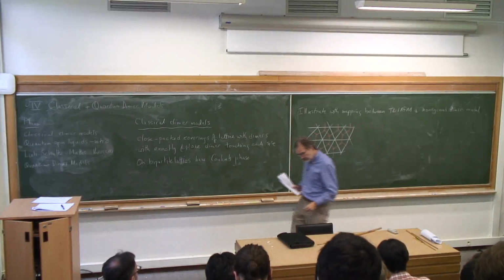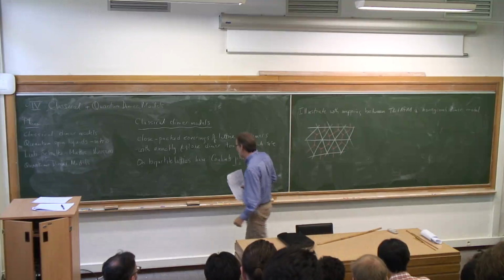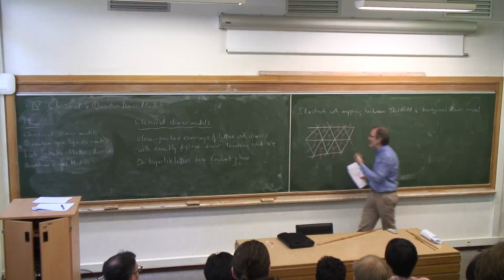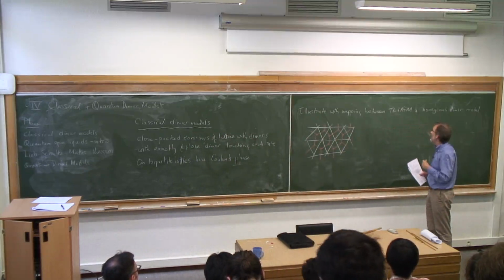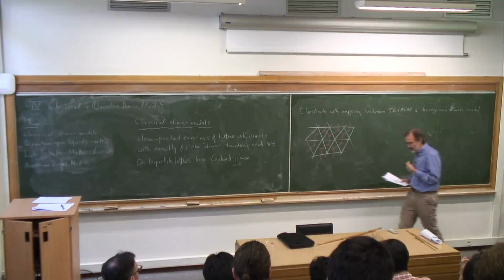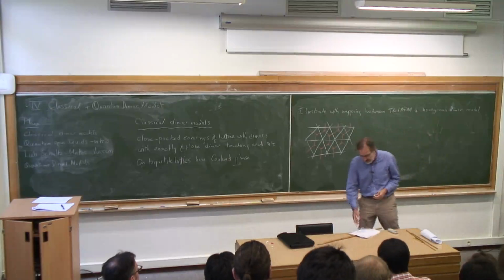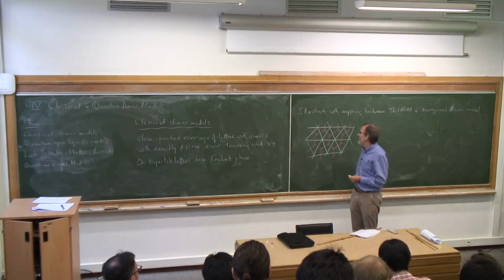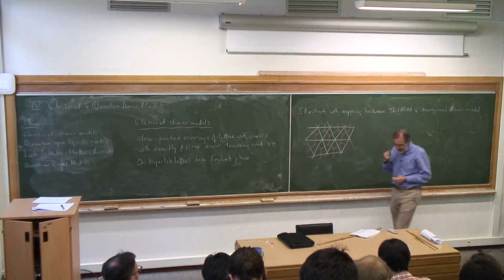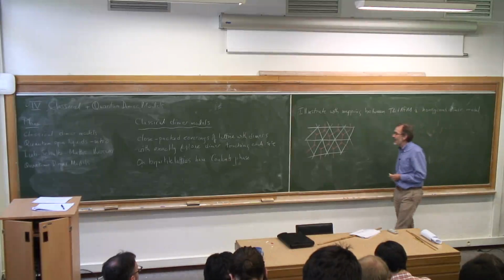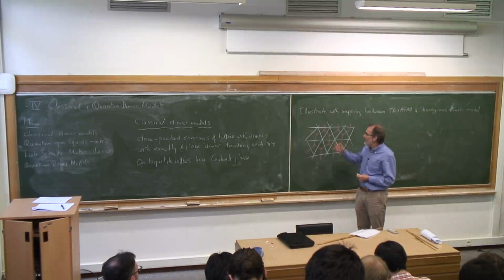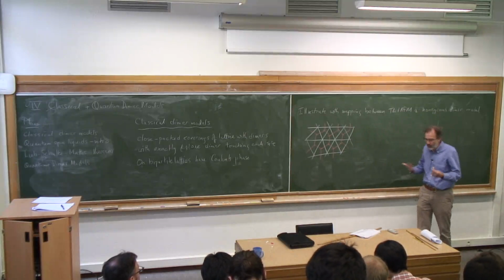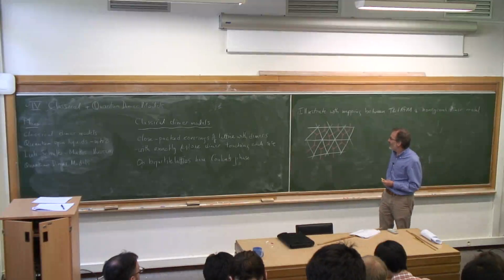So we can now set up a correspondence between ground states of the triangular lattice Ising model and dimer configurations on this dual honeycomb lattice, because you remember the condition to be in a ground state of the triangular lattice Ising antiferromagnet was that in each triangle we had 2 spins in one orientation and 1 spin in the reverse orientation.